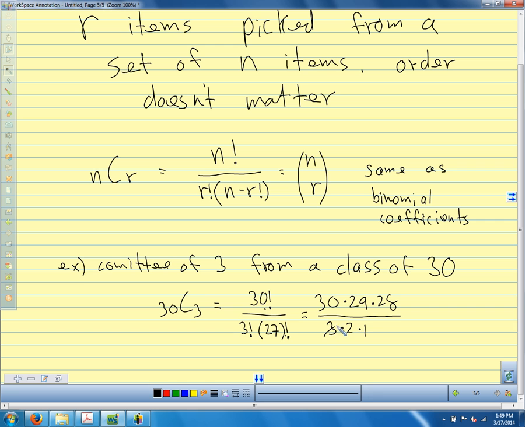We'll do this by hand. That'll give me a 10, divide this by 2, and that'll give me a 14. So I get 10 times 29 times 14. And whatever that comes out to would be our number of combinations, our number of committees of 3 people that we can form from a class of 30. So a little bit less than our number of president, vice president, and secretary.